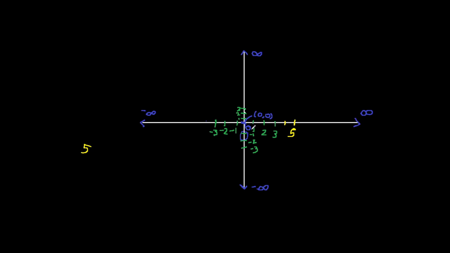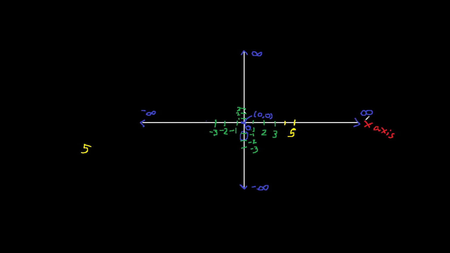We'll add points. But before we start actually adding data to this, I just want to throw out a couple of terms that you're most likely to come across. The first term is axes. This horizontal number line here, the one that goes from left to right, we typically refer to as the x-axis.